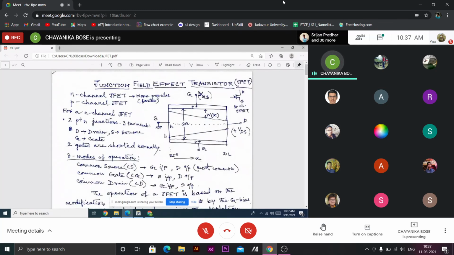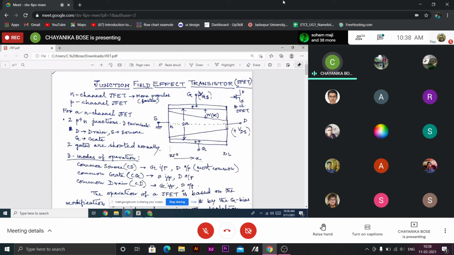And so it will continue so long as our VDS takes a value such that the depletion region at the drain end is a, the half width of the channel. The full width is 2a, and it is symmetric about this midline.